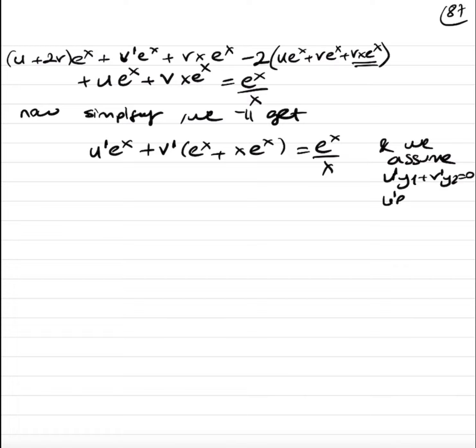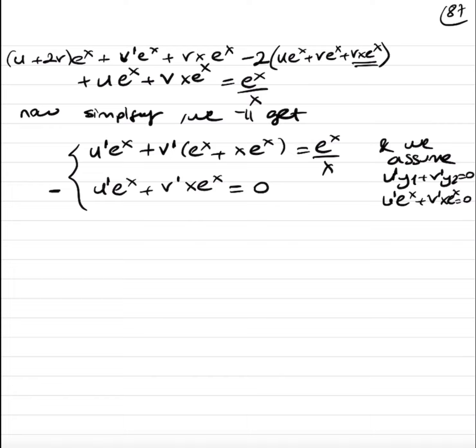So u prime e to the power x plus v prime x e to the power x is 0. So we have two equations, two unknowns, and we can find u and v using these two equations, right?